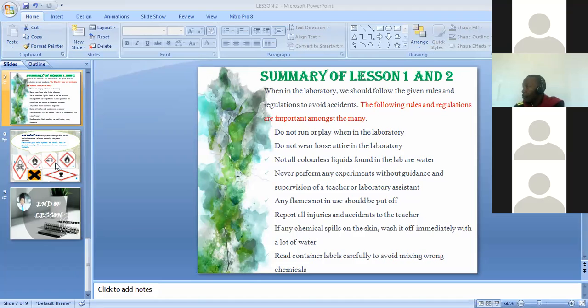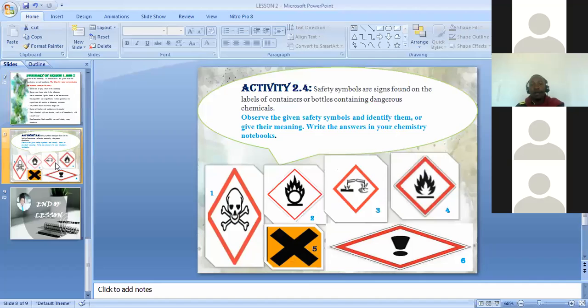Lastly, as we plan to conclude, I told you some of the symbols or some of the labels in our lab are going to come in form of signs, in form of symbols. We have 6 symbols there, labeled 1, 2, 3, 4, 5, and 6.